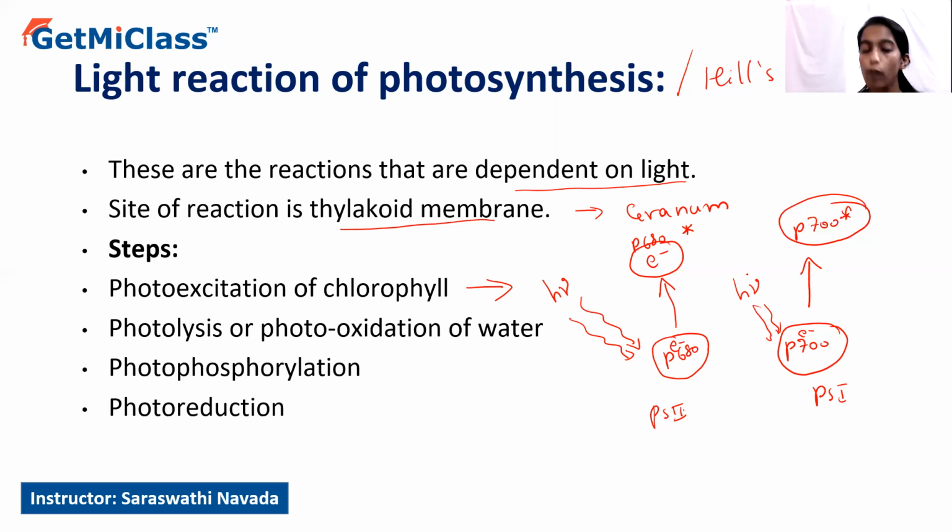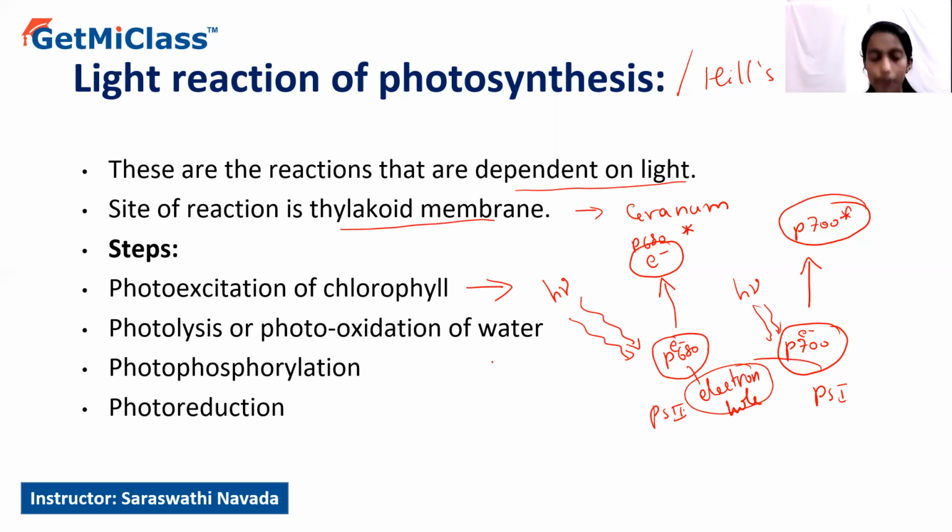As a result of photoexcitation, an electron hole is created in both photosystems, because electrons present in the ground state have been excited to a higher energy state, whereas the ground state becomes deficient of electrons. That results in the formation of the electron hole.